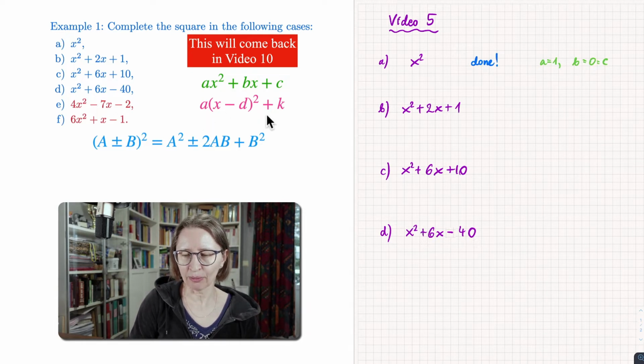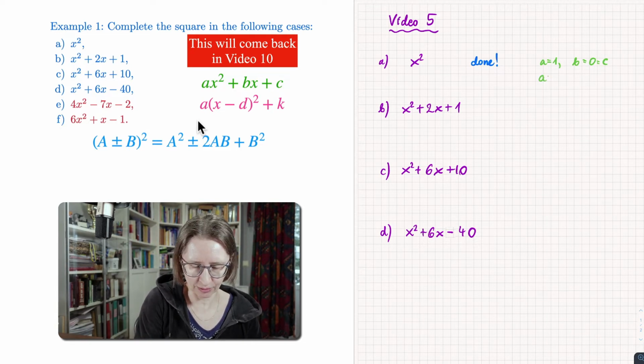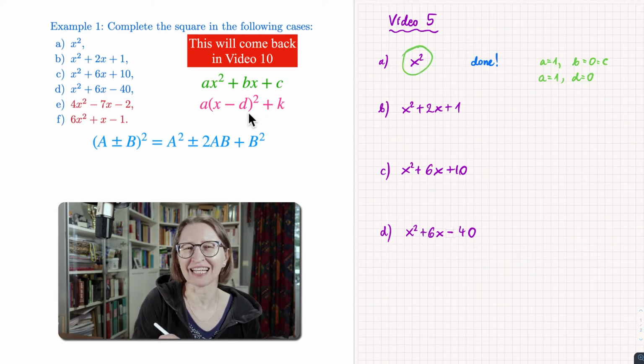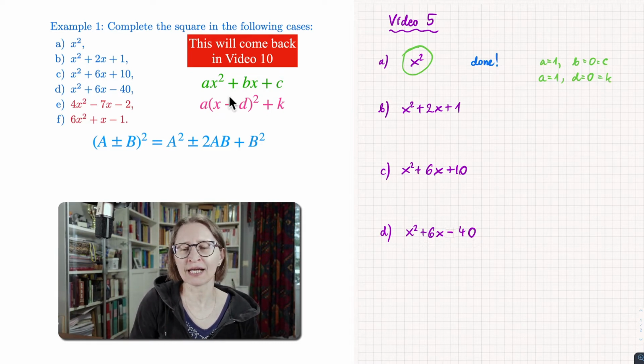And what about this second expression? In the second expression, our a is still what it was before. Our d is equal to 0, because here we don't subtract anything from x, and our k is also equal to 0. So this first case was trivial.